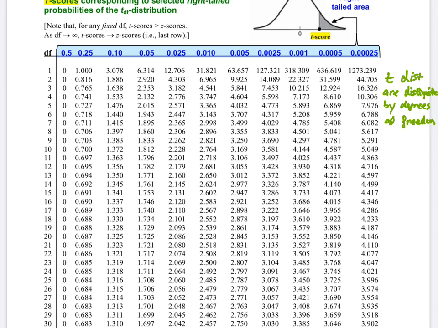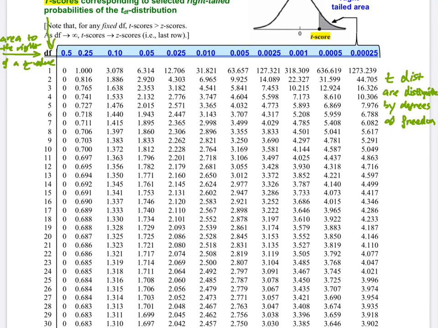So what we have here in the first column are different degrees of freedom: 1, 2, 3, 4, 5, and so on. The first row here gives the area under the curve to the right of a t value.